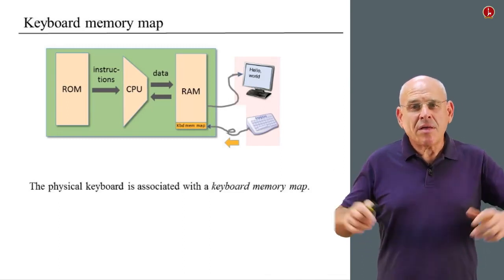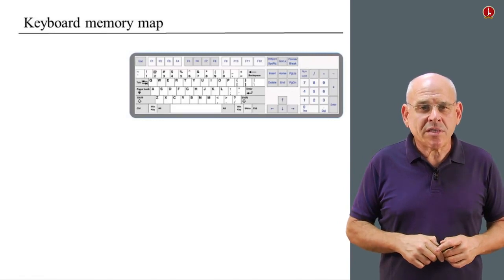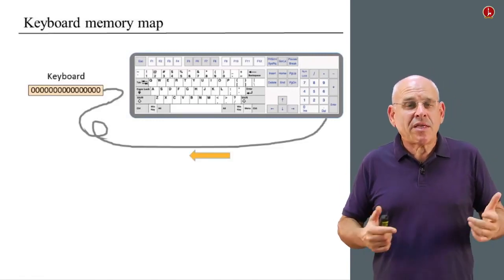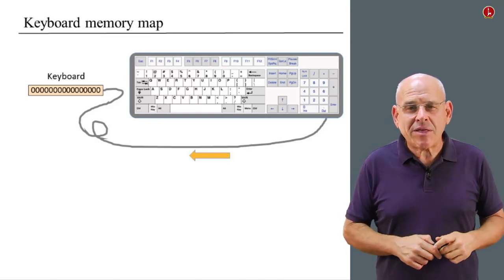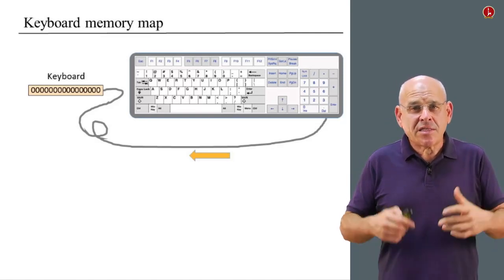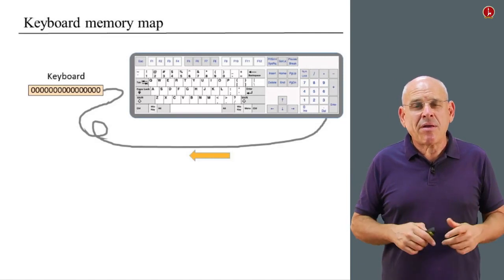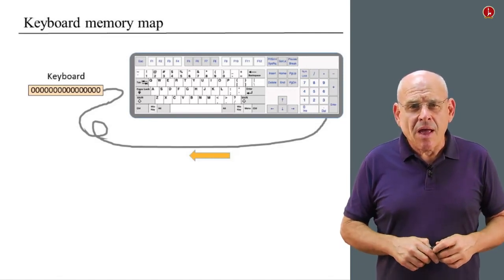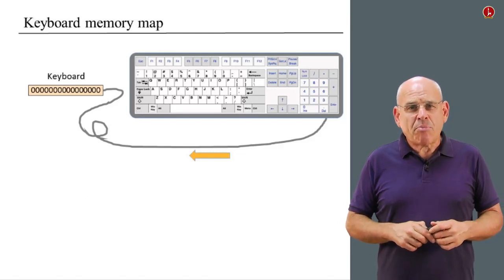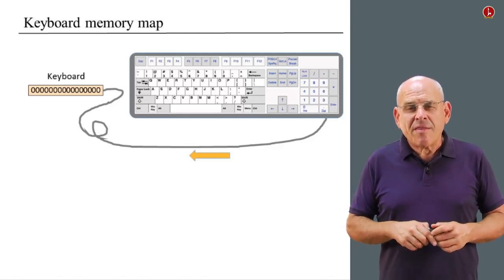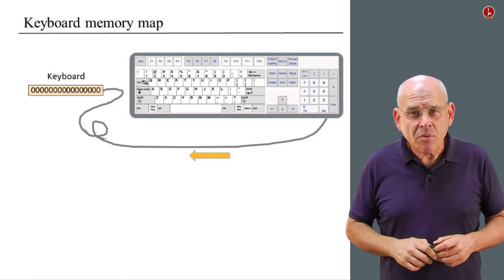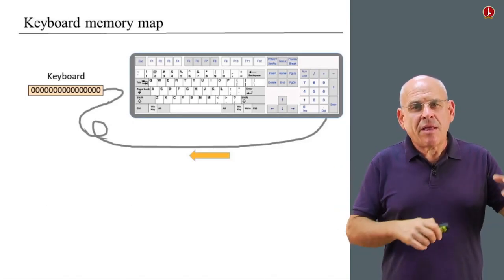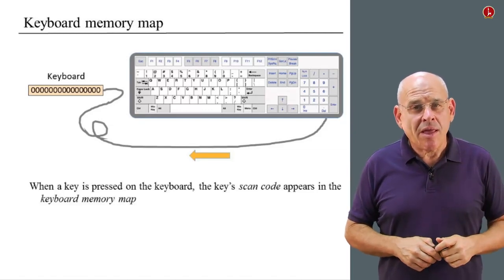And this is how the connection works. We have a special chip called keyboard, which once again is simply a 16-bit register. In the next few minutes, I'm going to describe how this thing actually works, so we'll do it using examples. When a key is pressed on the keyboard, the key's scan code, which is an agreed upon value, travels through the cable and appears in the keyboard memory map.